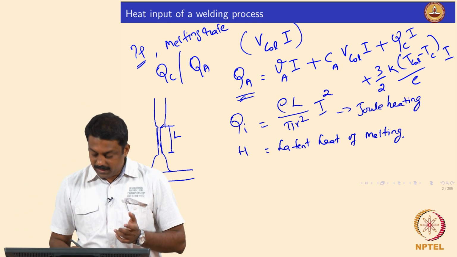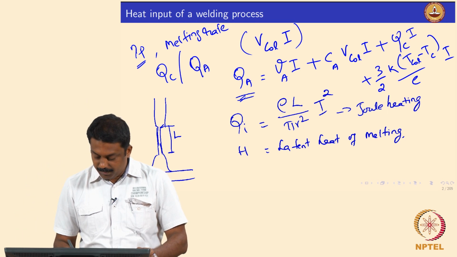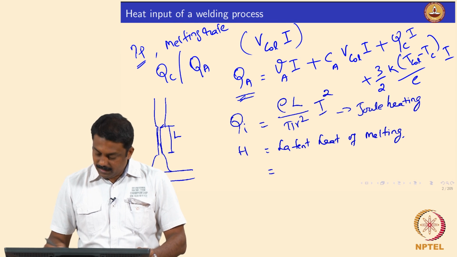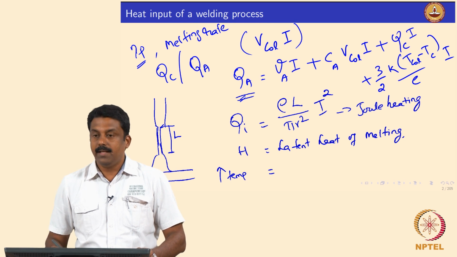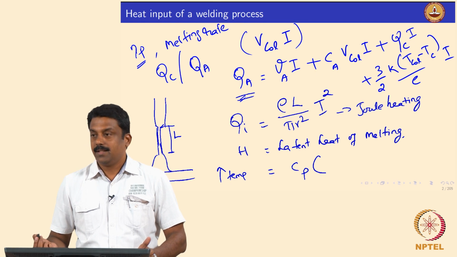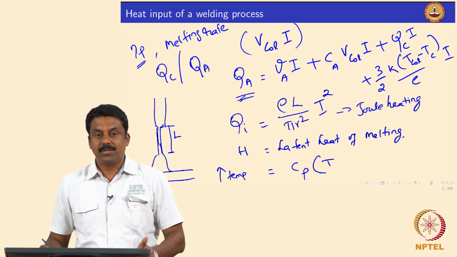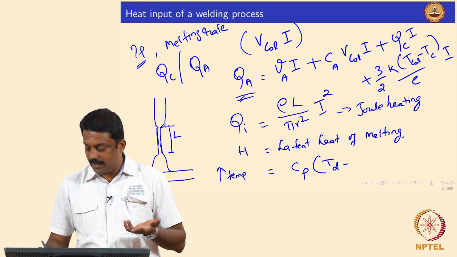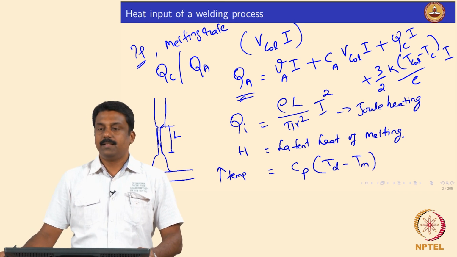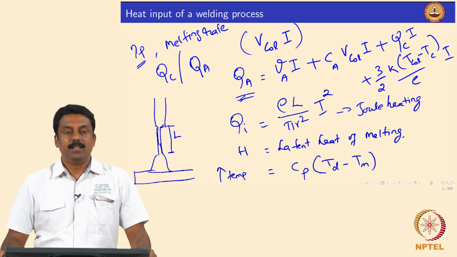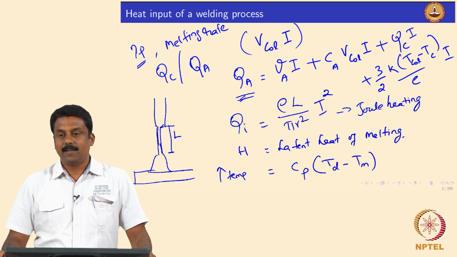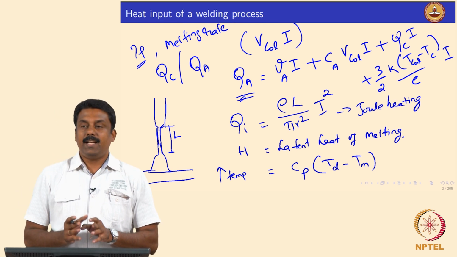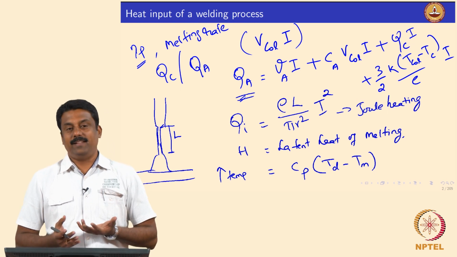So that term is the heat needed to increase the temperature, which is a function of specific heat capacity times the difference between the temperature of the droplet when it is getting detached and the melting point. It is simple. So by balancing these four, we can calculate the melting rate. So this is the entire heat balance used for melting.